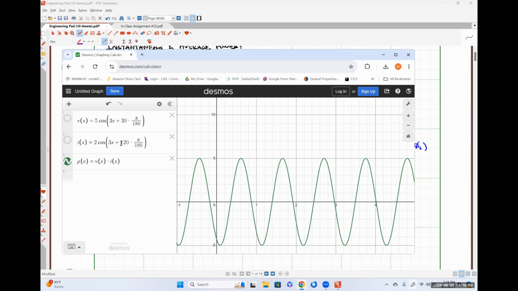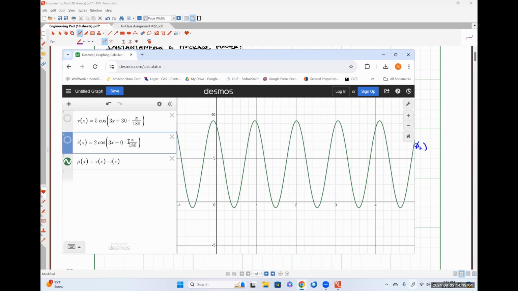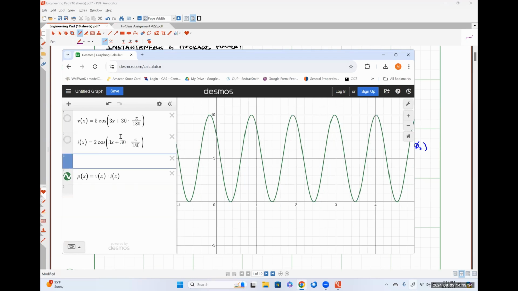If we go back to something in the middle, so I'm just going to change this phase angle back to zero, we can see that the closer the phase angles are, the less our network winds up supplying power back to whatever our source is, right? So when I have both of these at the exact same phase angle, so effectively a resistor, there is no power supplied by our network.